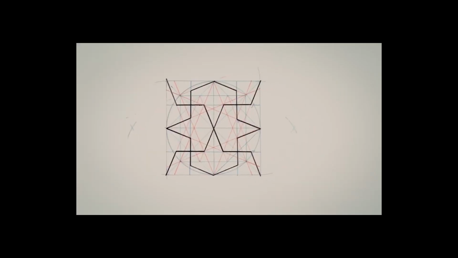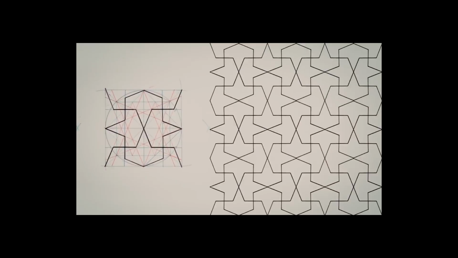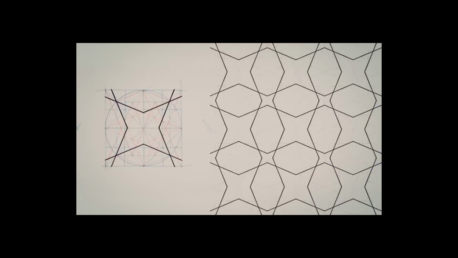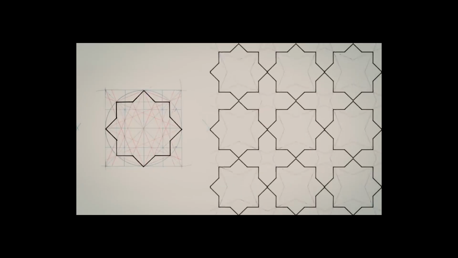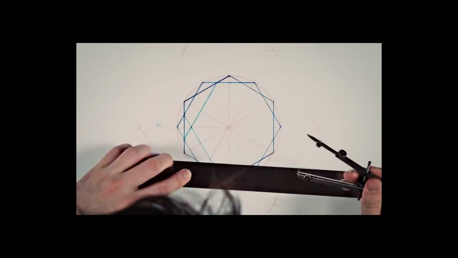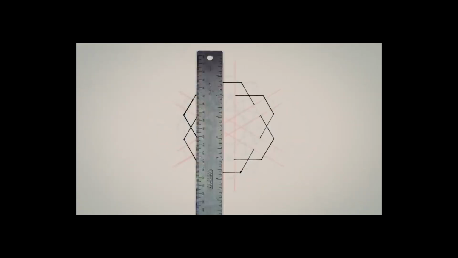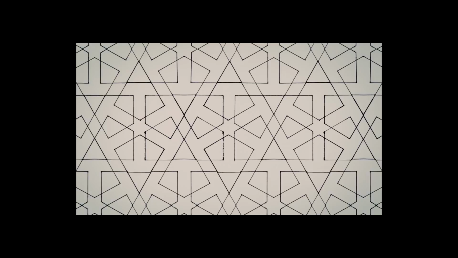And the full pattern finally emerges when we create a grid with many repetitions of this one tile, in a process called tessellation. By choosing a different set of construction lines, we might have created this pattern, or this one. The possibilities are virtually endless. We can follow the same steps to create 6-fold patterns. By drawing construction lines over a circle divided into 6 parts and then tessellating it, we can make something like this.